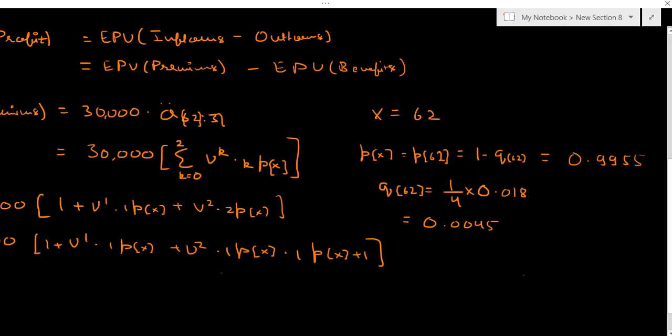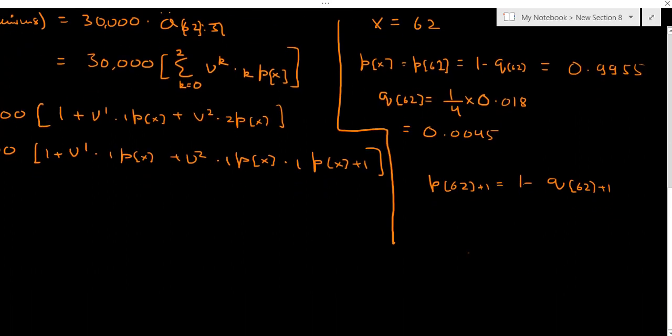Next thing we need is obviously p62 plus 1. P62 plus 1 is equal to 1 minus q62 plus 1, and the value of q62 plus 1 is given by the same equation that is given in the question.